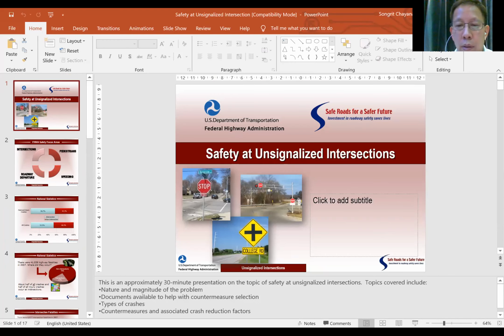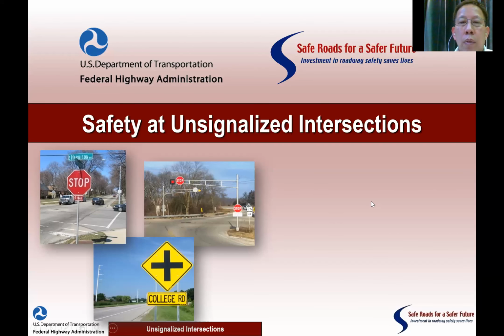What you see is another aspect of the signal, which is unsignalized. Previously, we talked about safety at signalized intersections. This one is unsignalized, with the same basic background. I will go a little faster on this one.